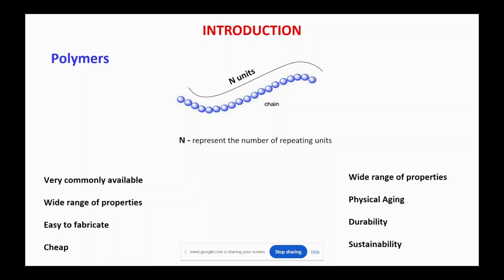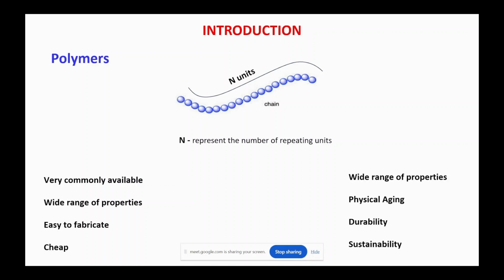I hope everybody would have also gone through the course in which Professor Abhijit Deshpande would have told that polymers were discovered only 100 or 150 years ago. It's not like the other two classes of material that existed quite long back, before polymers even came to discussion.